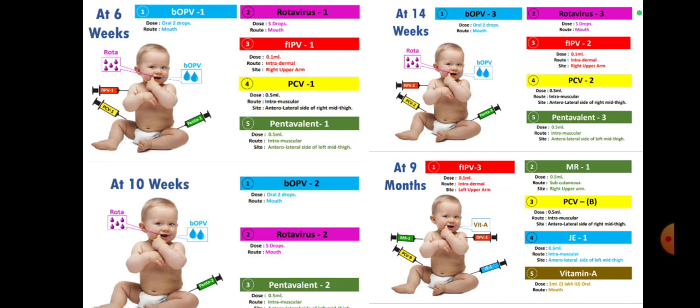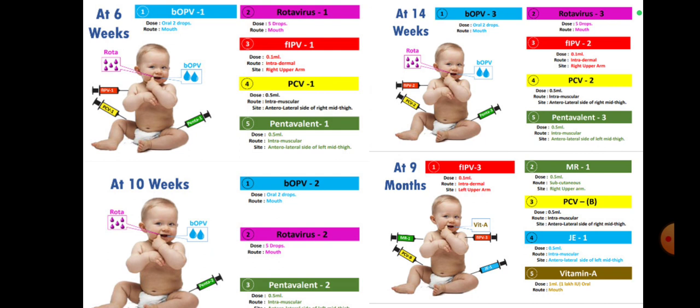Next vaccine is rotavirus first dose. The dose is 5 drops and the route is by mouth. FIPV first dose. The dose is 0.1 ml and the route is intradermal, site is right upper arm. Next vaccine is PCV first dose.